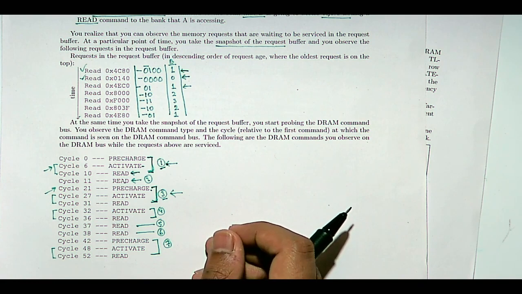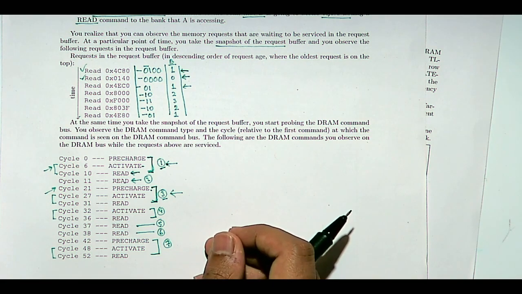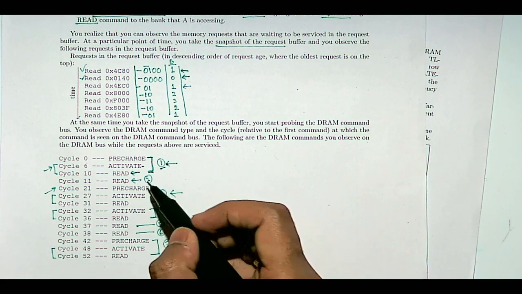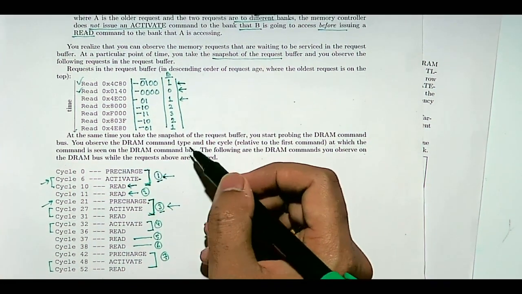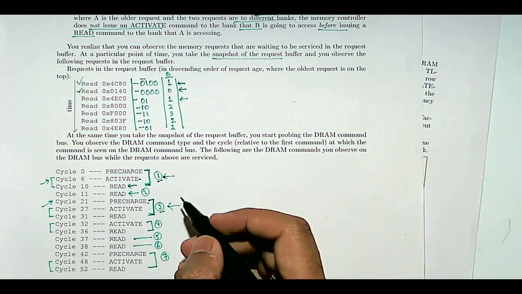So if after scheduling bank 1, we have access to a different row, then calculating this does make sense. Okay.